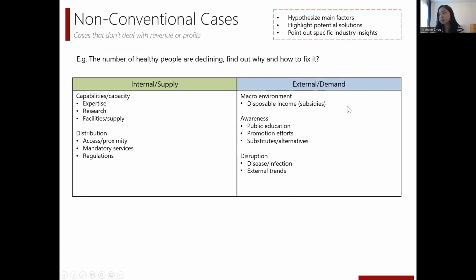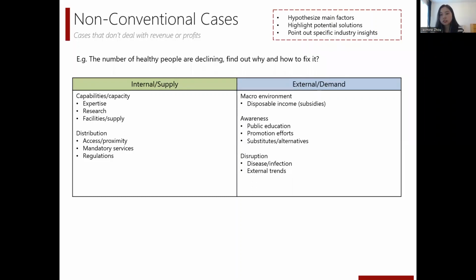On the external and demand bucket, you could look at the macro environment. So disposable income: is it because people don't have money to actually seek treatment? And a solution would be maybe subsidies from the government. Awareness: how good is public education and promotion efforts to spread the awareness of the importance of health?